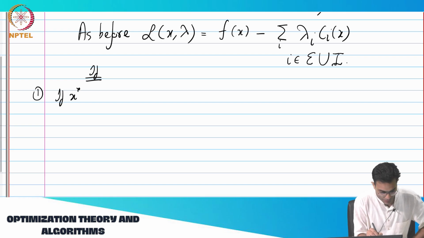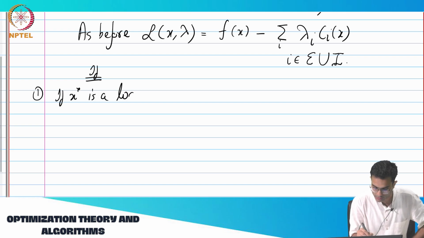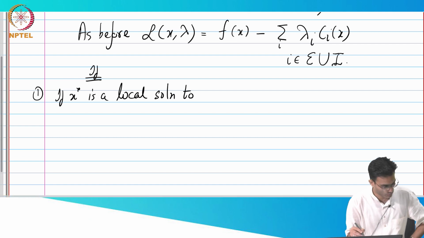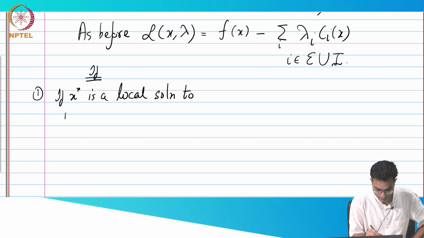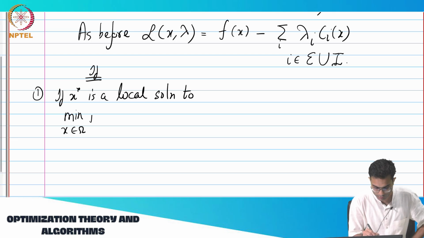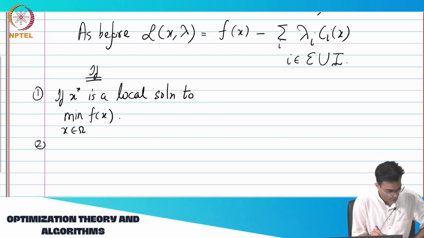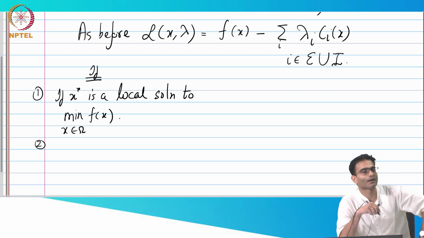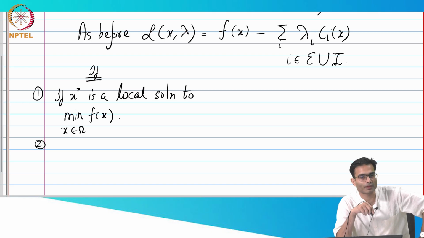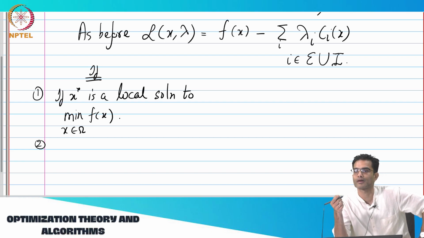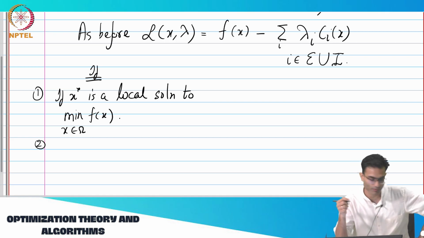So that's the first part. If x star is a local solution to, let's write it like this, to minimize f(x) over x belonging to this set. Obviously, this is what I want. The second is a reasonable condition to apply, because we want to do calculus. If you want to do calculus, what should we assume on f and c's? Differentiability is to be expected, right?